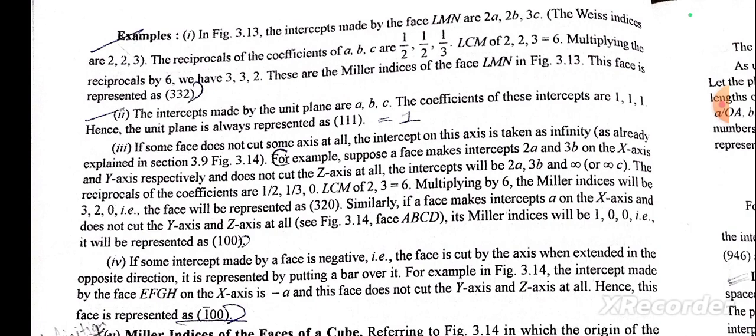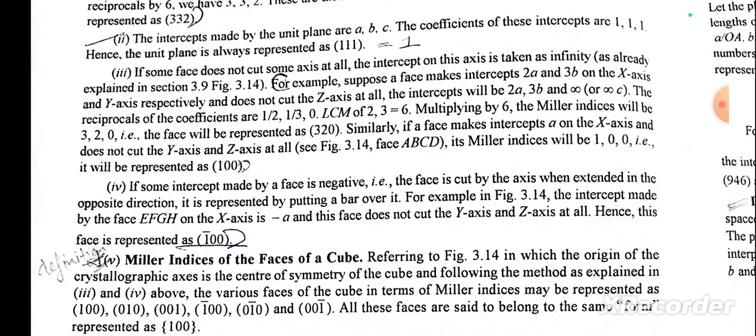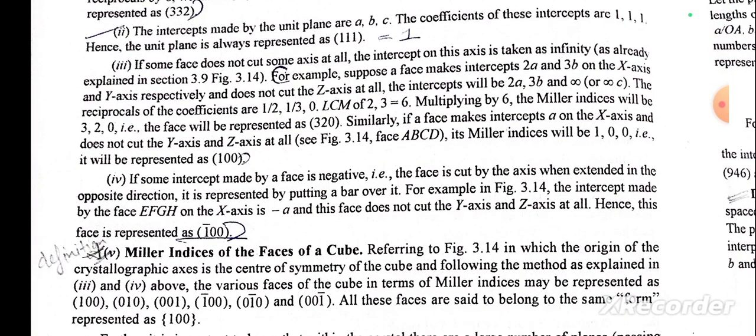Third, if a face does not cut an axis at all, the intercept on that axis is taken as infinity, as in the x plane in section 3.19 and figure 3.14. For example, suppose a face makes intercepts 2a and 3b on the x and y axes and does not cut the z-axis at all.